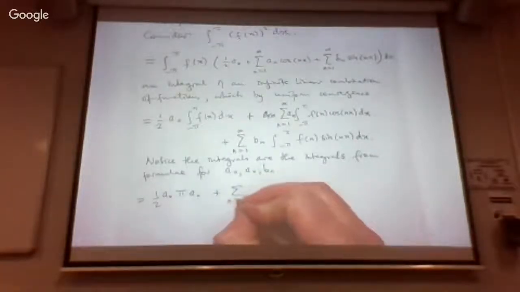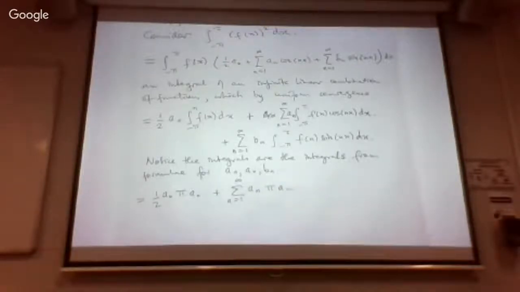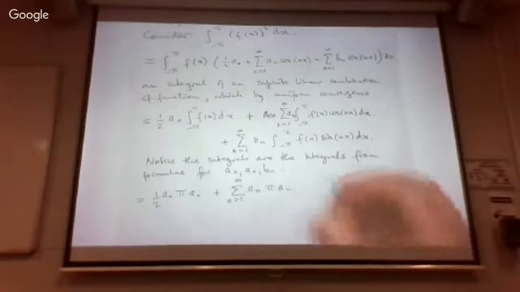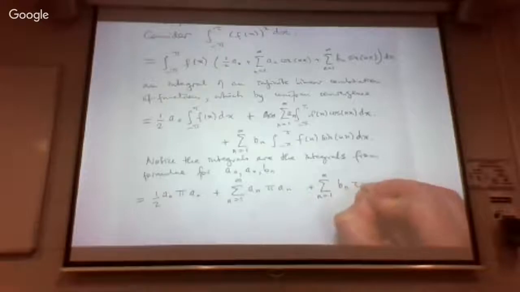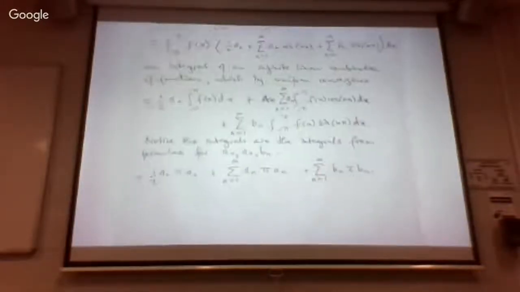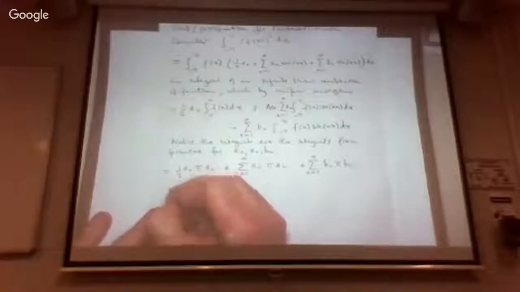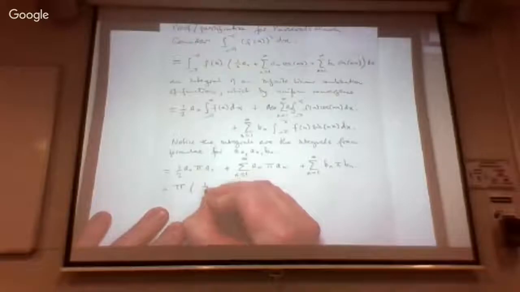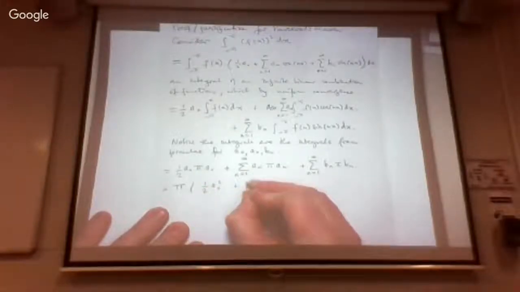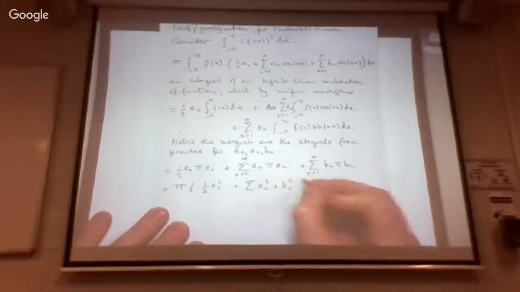And then here you've got the sum from n equals 1 to infinity of an times pi an, and the second sum, where you've got bn times pi bn. And you see you've more or less got the right-hand side of Parseval's theorem here. There's a factor of pi in everything, so we can take that out. We've got a half a0 squared, plus the sum of the an squared, plus the sum of the bn squared. So I can just stick those on there.